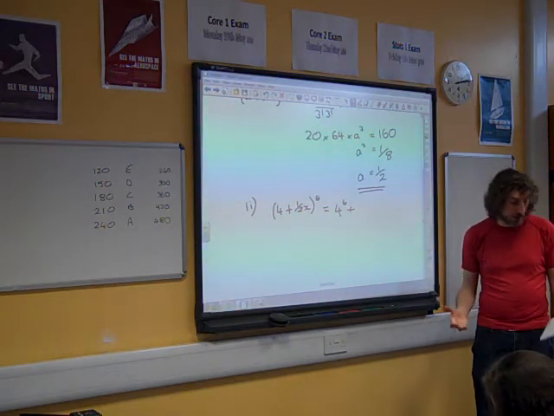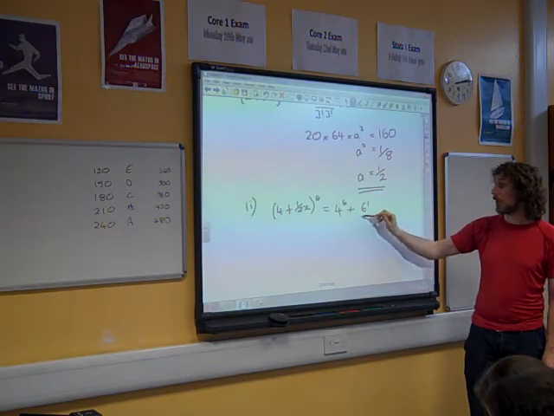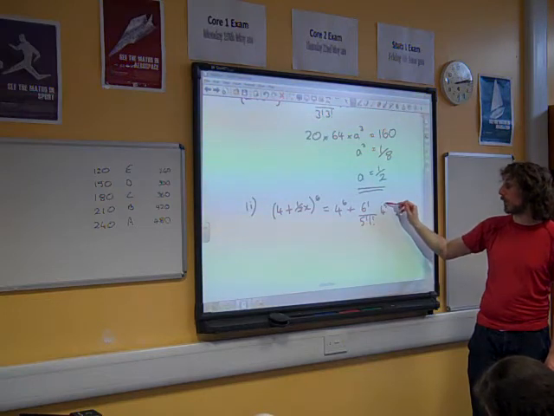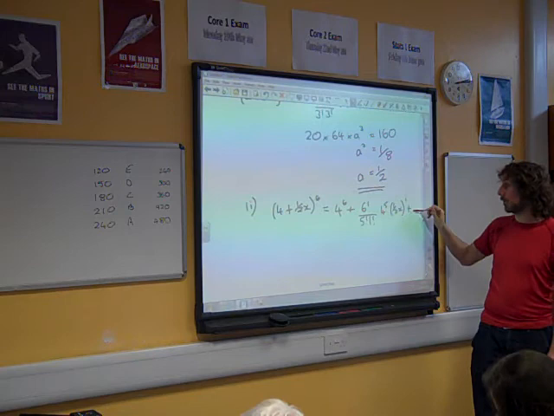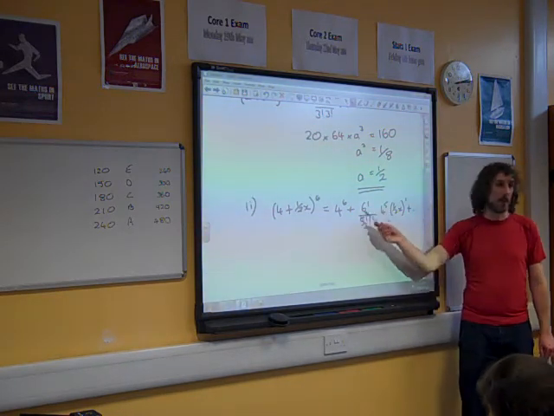and as I say, I don't mind how you're working this out. It is 6 factorial over 5 factorial, 1 factorial, because that's 4 to the 5 and a half x to the 1. But it doesn't matter how you arrive at this number.